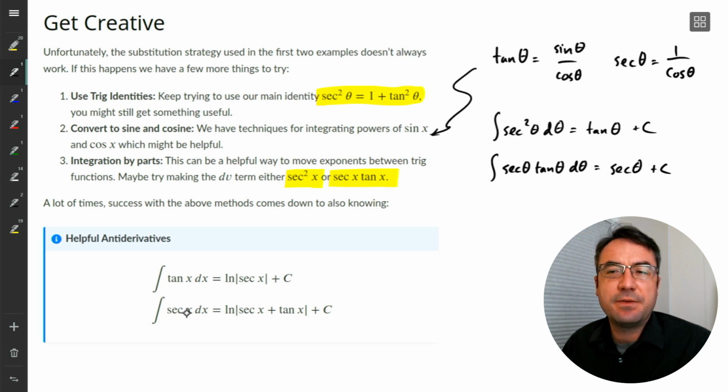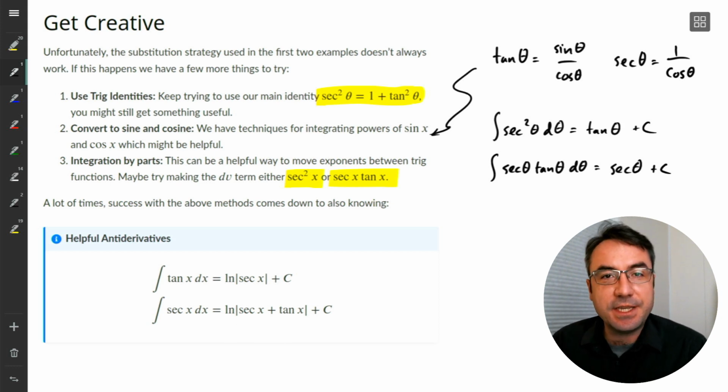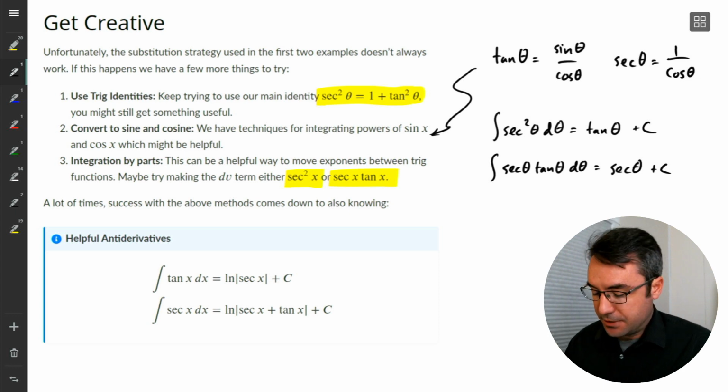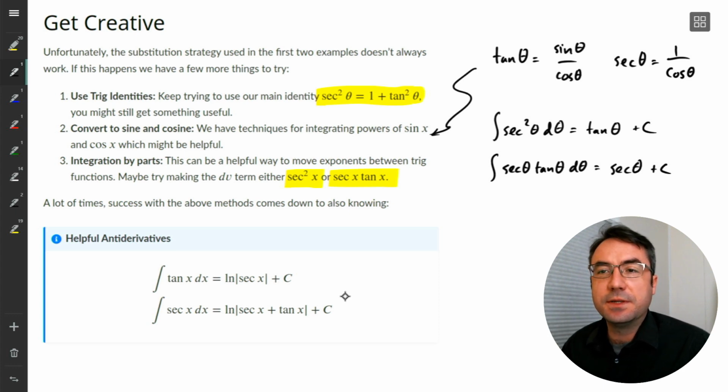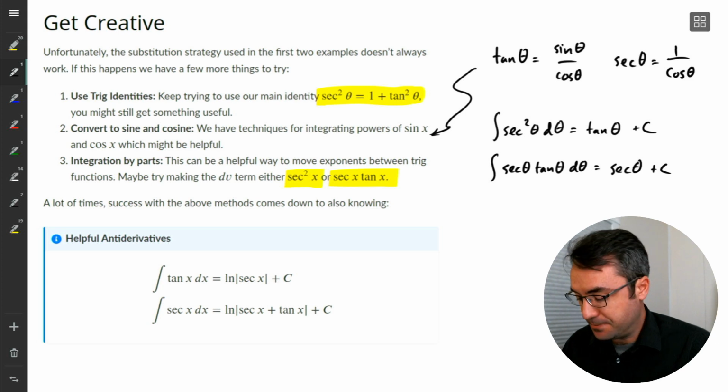We haven't seen how to do this one; it really involves just a trick, so we'll take this one as it is. Just know that the antiderivative is the natural log of the absolute value of secant x plus tan x. These are a couple of other helpful ones to know while we're getting creative here with this assortment of strategies.